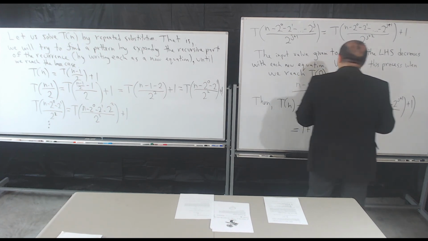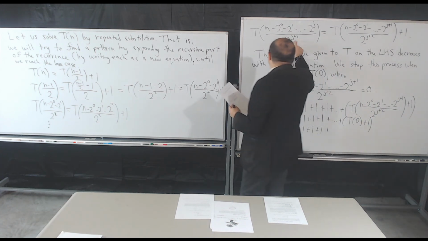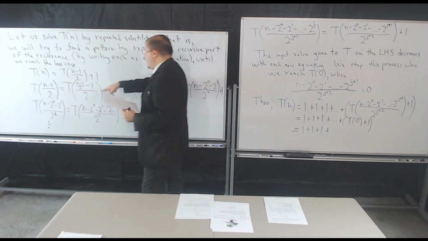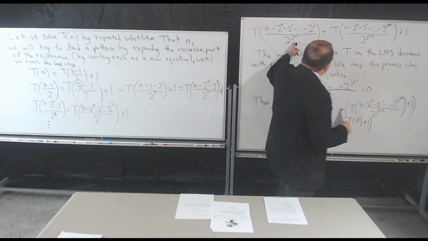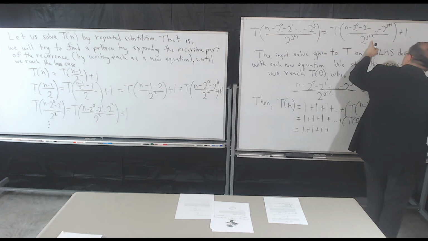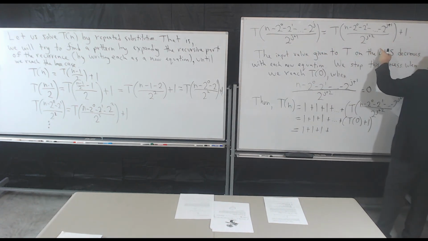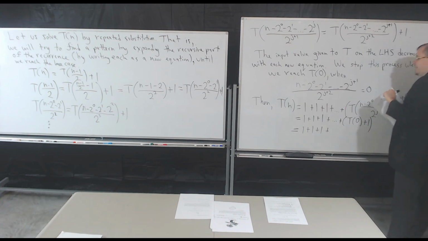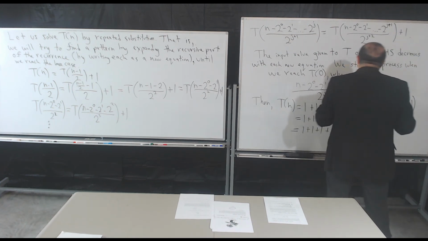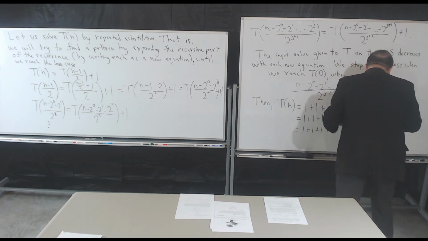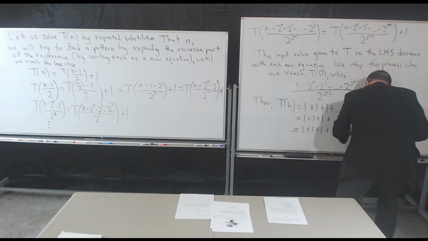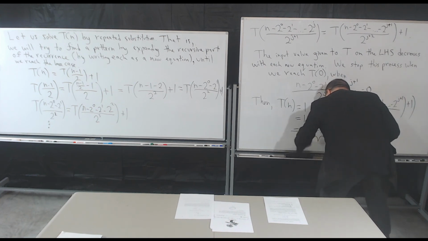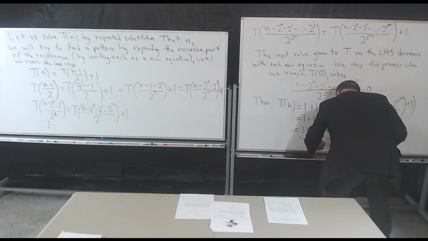The easy way to look at this is, how many of these do I have? I have 2 to the power 1, 2 squared, 2 cubed, all the way to 2 to the j plus 1. And then I have 2 to the j plus 2 being the next substitution. But there's this 1 associated with that. How many 1s are there then? j plus 2 many. I'll just write T of 0 off to the side here. The big point is that there are j plus 2 many 1s.